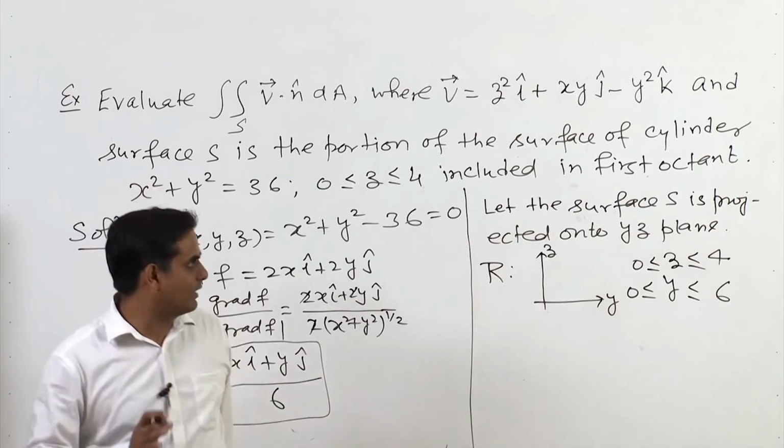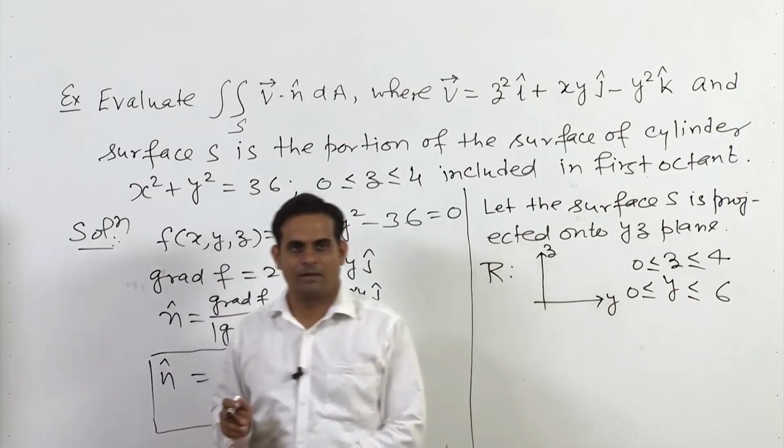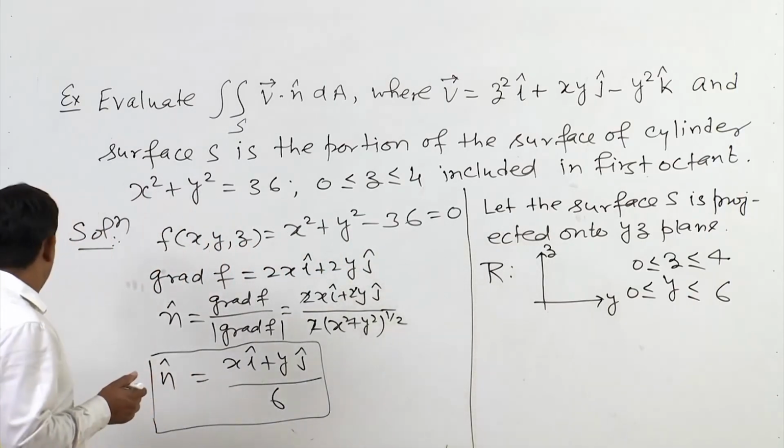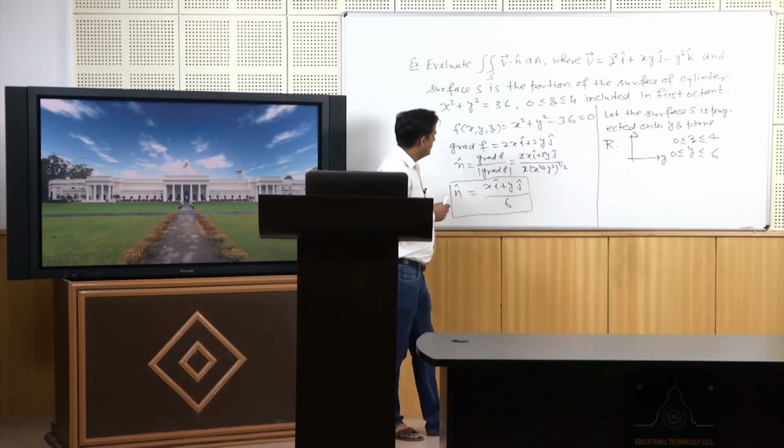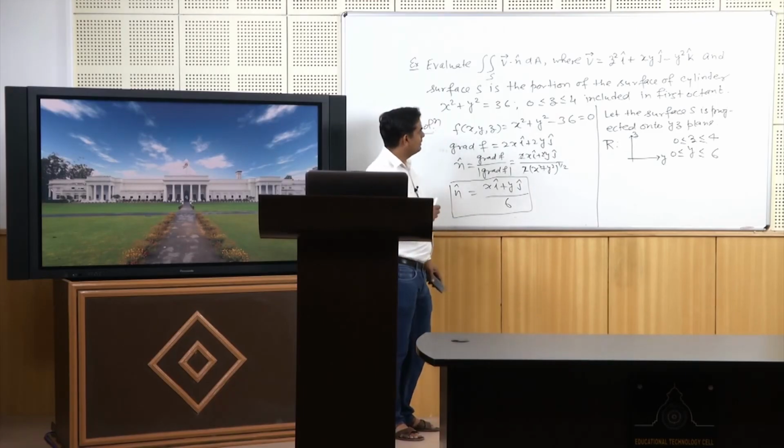That is why I am taking y from 0 to 6. Now I have the region R and the normal n.